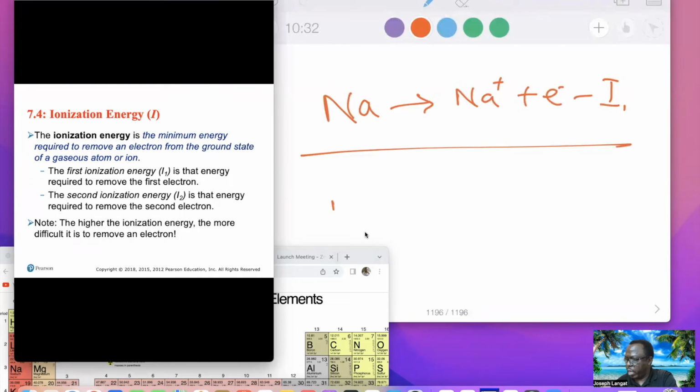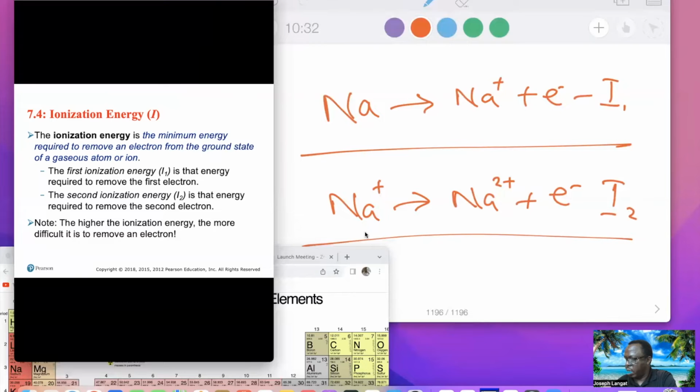If I remove an electron from this Na+, going to Na2+ plus an electron, this is second ionization energy. And then if I have Na2+ going to Na3+ plus an electron, this is I3.